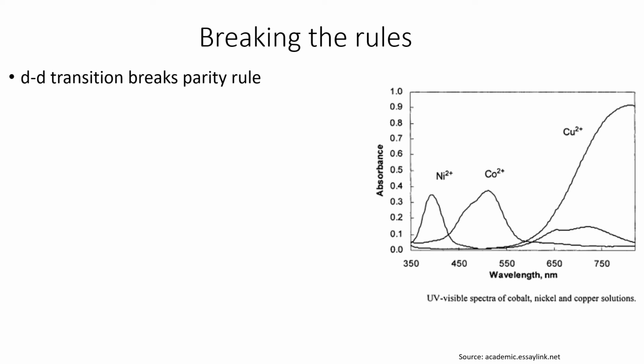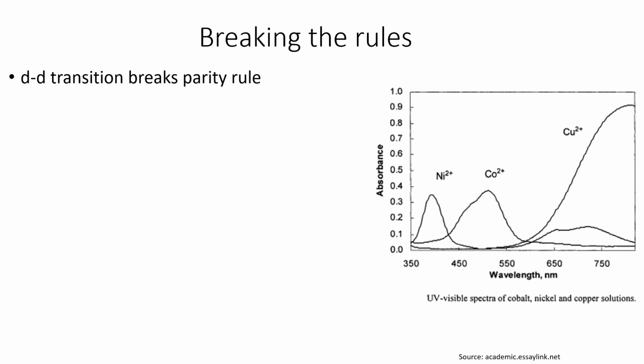But the problem with this is that, of course, a d orbital has got even parity, and so when you go from a d to another d, they multiply up to give even parity, and when they multiply by the odd parity electric dipole vector, that would leave you with odd parity. So that would seem to be forbidden.